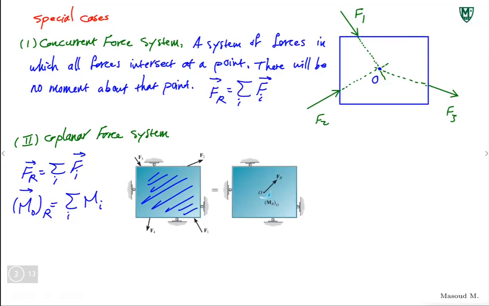So the moment vector is coming out of the screen. I'll show it this way. As a result, these two are perpendicular. So as long as you have a coplanar force system, the resultant force and resultant moment are going to be, or better to say, they're mutually perpendicular.